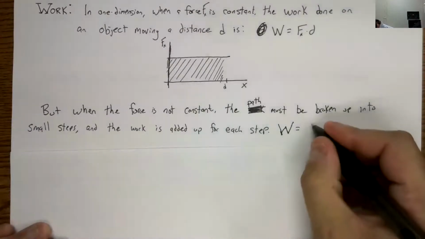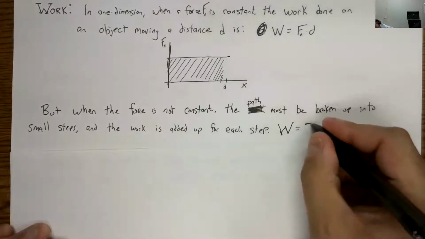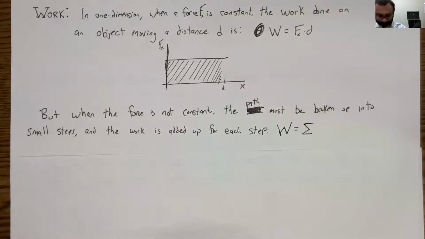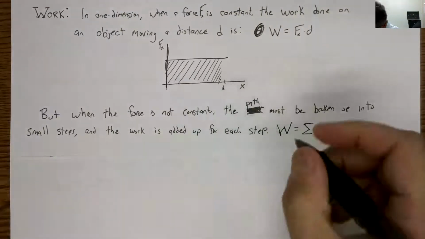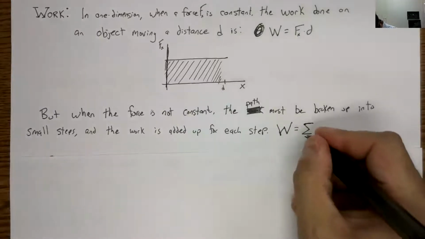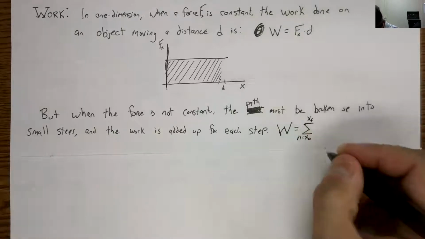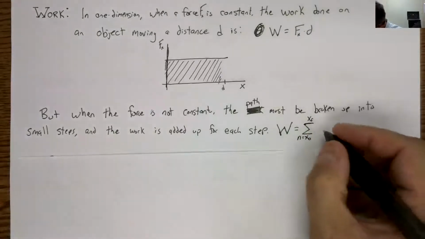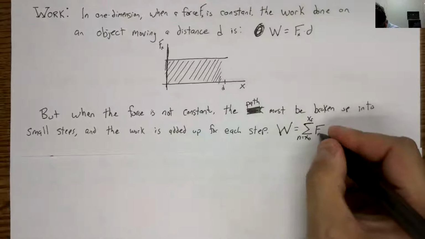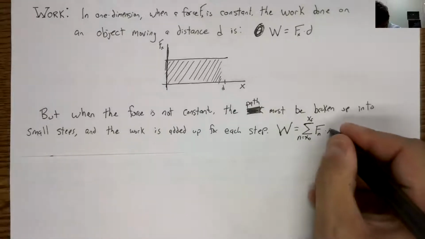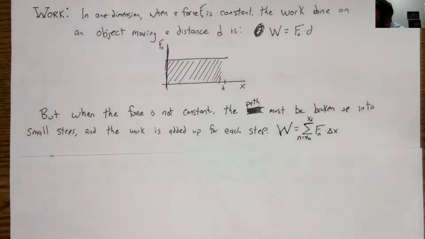So the work there is going to be a sum from our initial x, we'll call x0, to our final x. We'll take our index n. It's going to be that sum of the force at each of those steps times delta x, which would be how wide the step is.